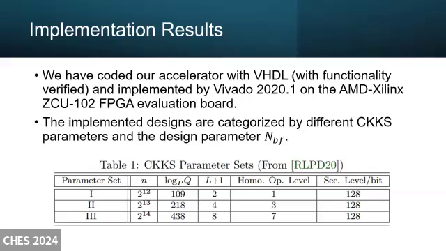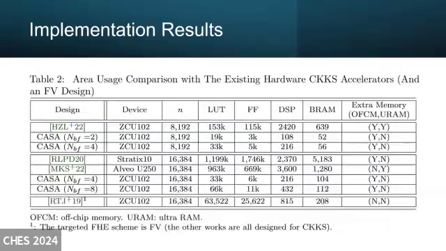For the implementation on the ZCU FPGA evaluation board, we use the parameters according to the existing literature references. There are 3 parameter sets we used here. In terms of the implementation results, because different structures or accelerators use different types of resource usages, we transfer all the resource usages into an equivalent format so that we can calculate the exact performance.